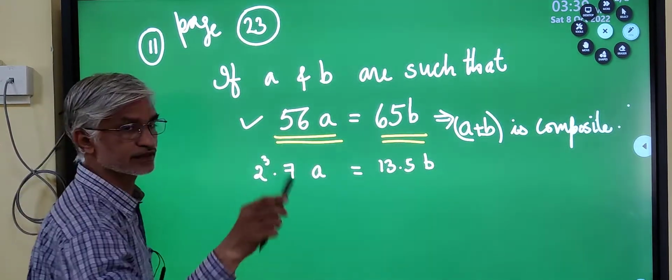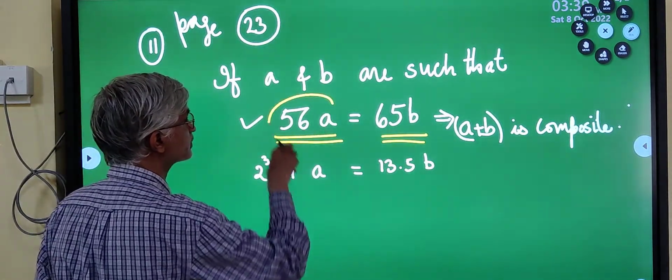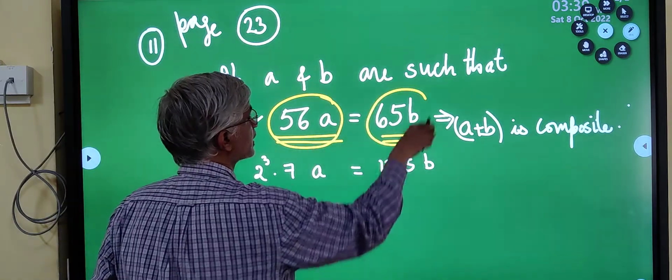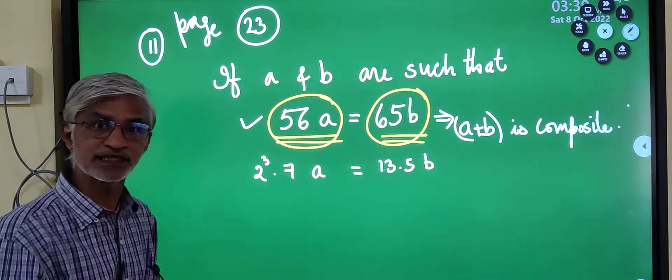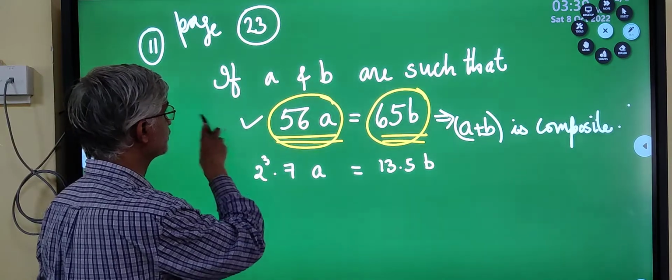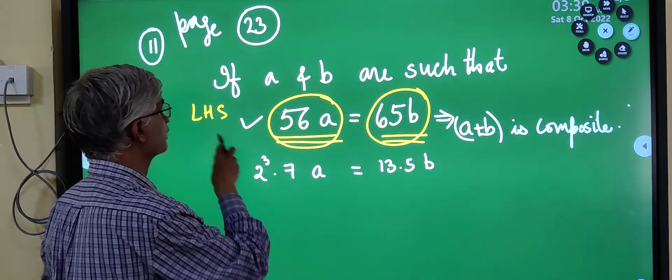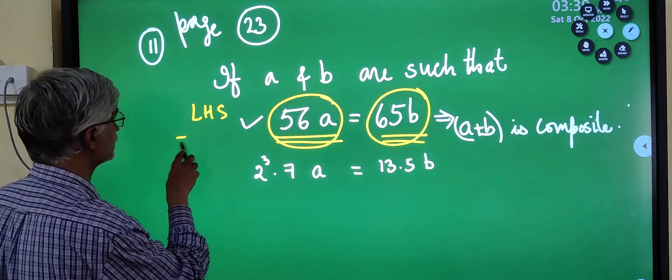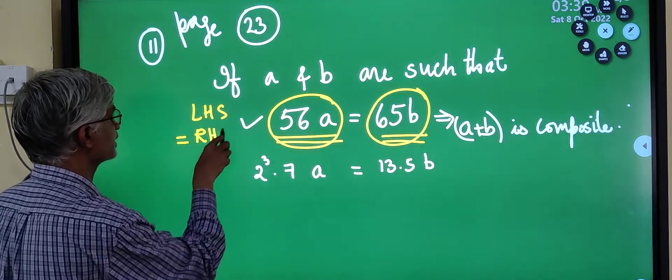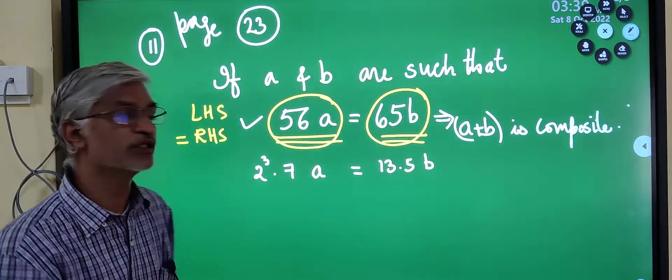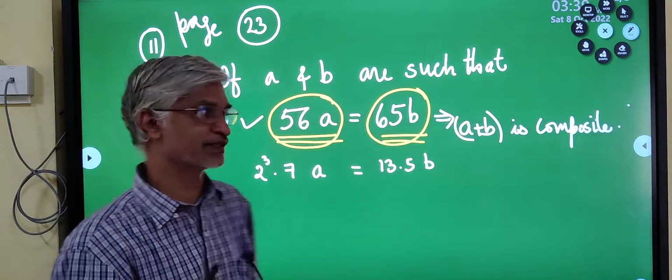Note that the statement says that the number on this side and the number on this side is same, which means that the prime factorization of the LHS will be equal to the prime factorization of the RHS. That is indeed the statement of the prime factorization theorem.